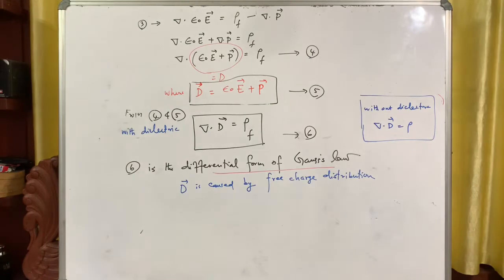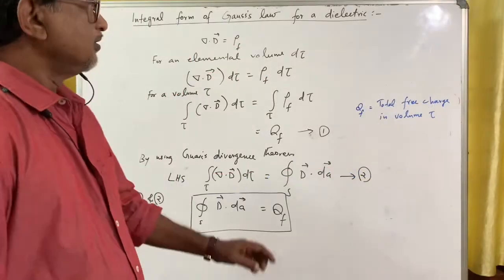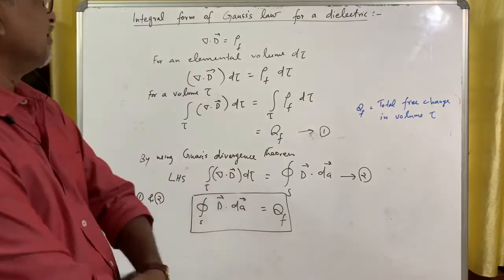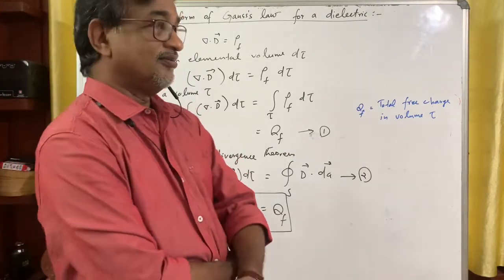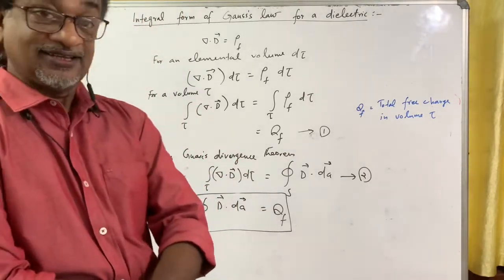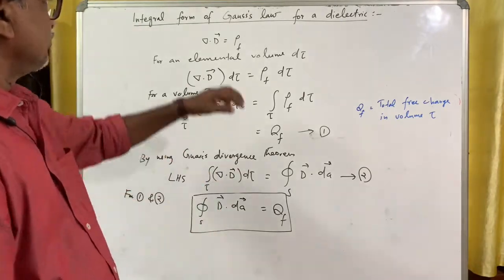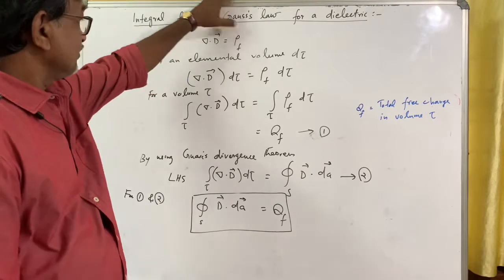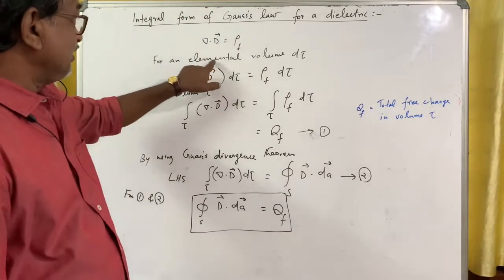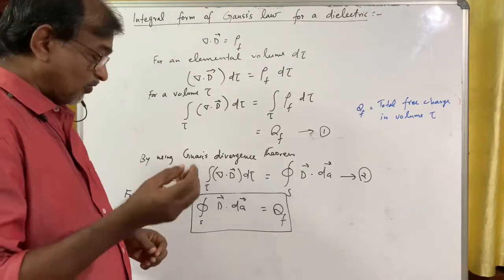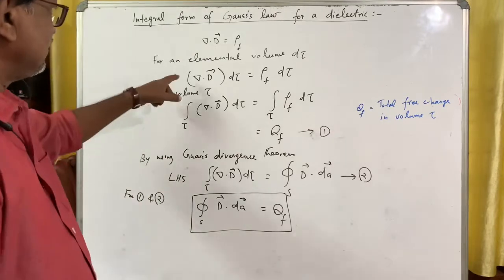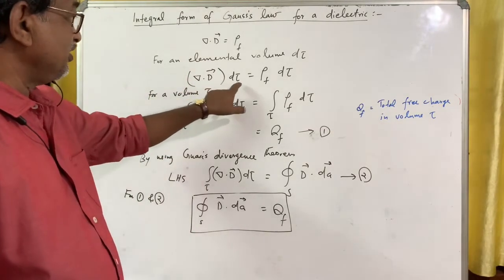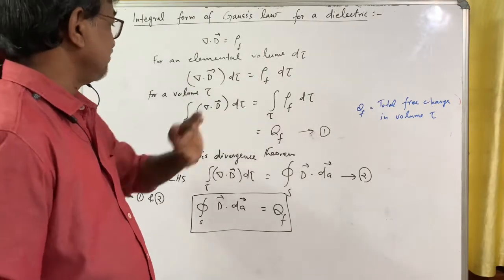Now we are deriving the integral form of Gauss's law in the case of a dielectric. So we have this relation del dot D equal to rho f. For a small elemental volume d tau, this expression can be rewritten as del dot D d tau is equal to rho f d tau.